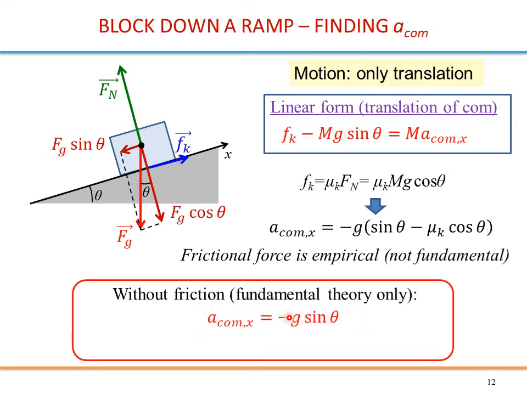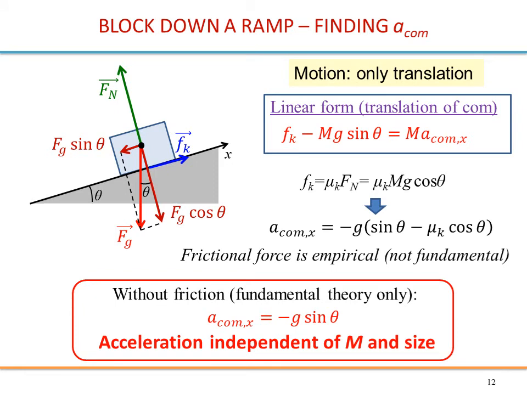So we have only minus g sine theta. So we have no effect of the mass and the size. This is interesting. No effect of mass, which is in fact linear inertia.